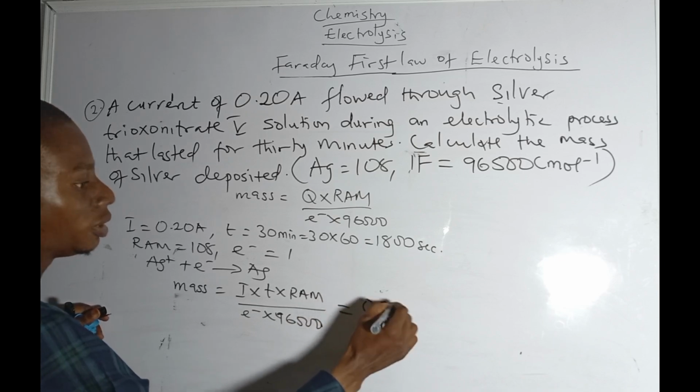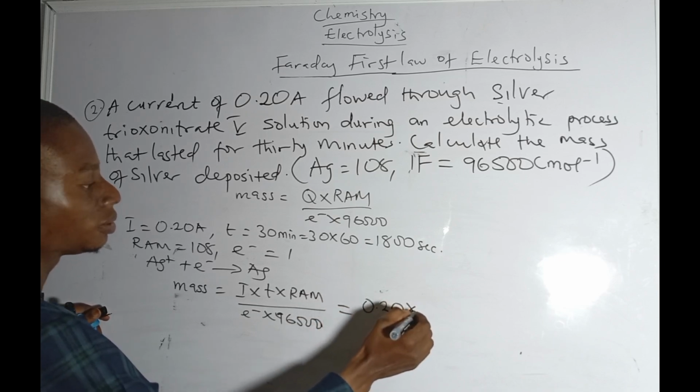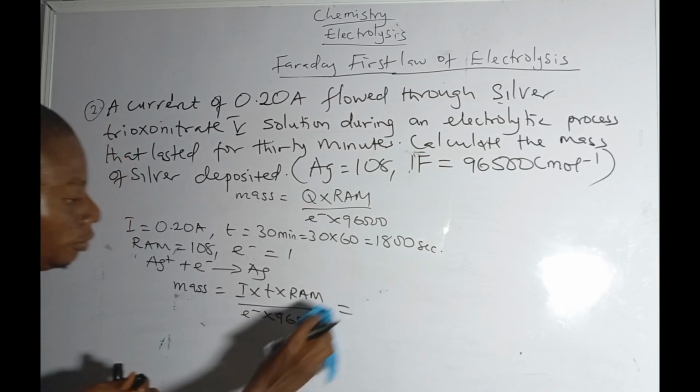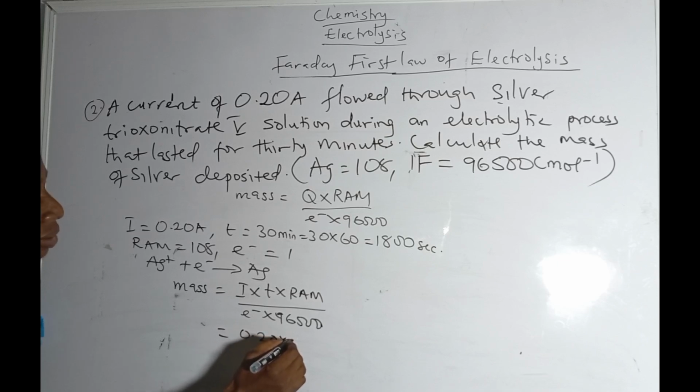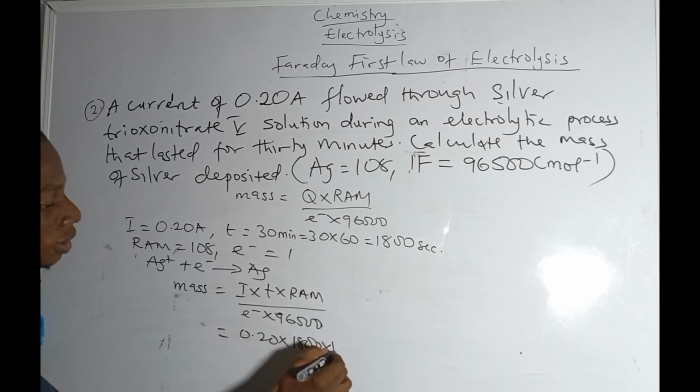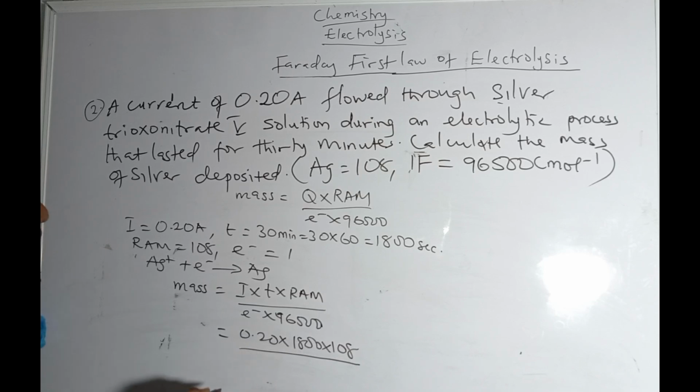What is I? 0.20 times T 1800 times 108, everything over 1 times 96500. So let's use the calculator to solve it. That will be 0.20 times 1800 times 108.